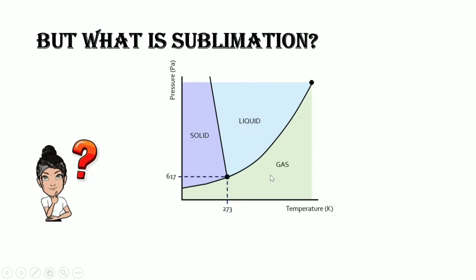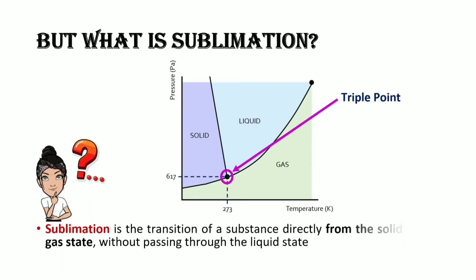But this is one point which is called the triple point, and at this point your material will be in solid, liquid and gaseous, all three states. So sublimation is the transition of a substance directly from the solid to the gas state without getting converted into the liquid state. That is what sublimation is.